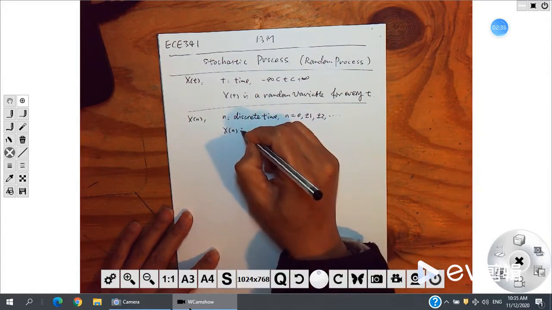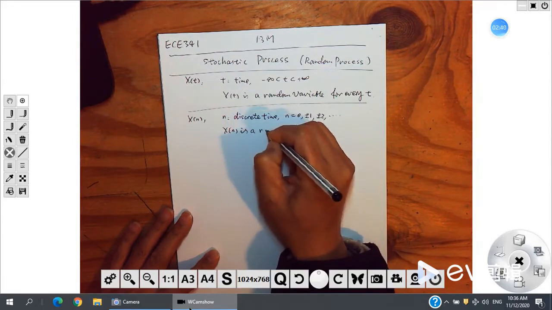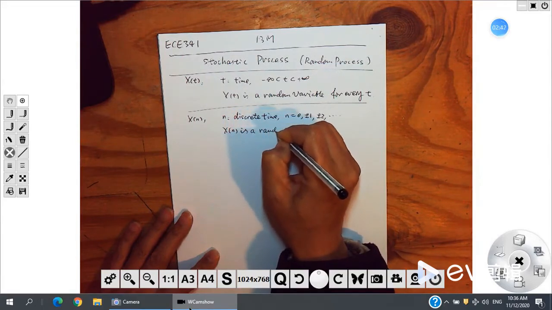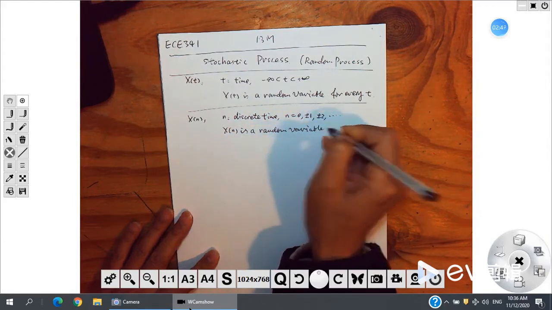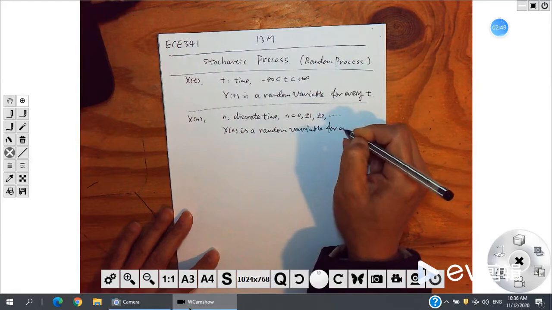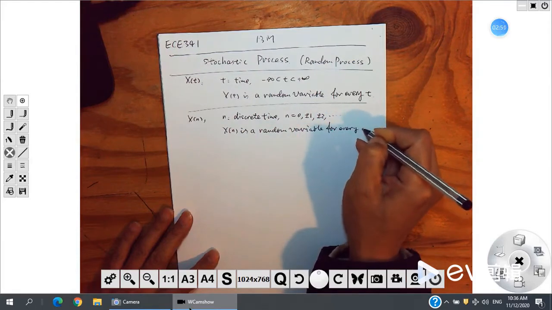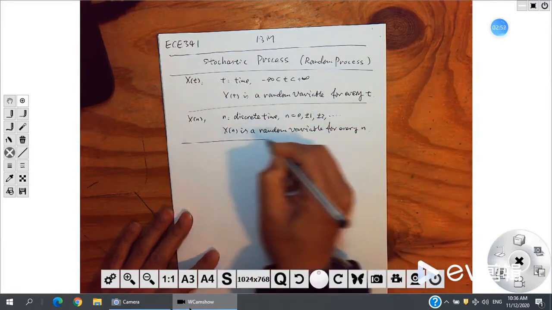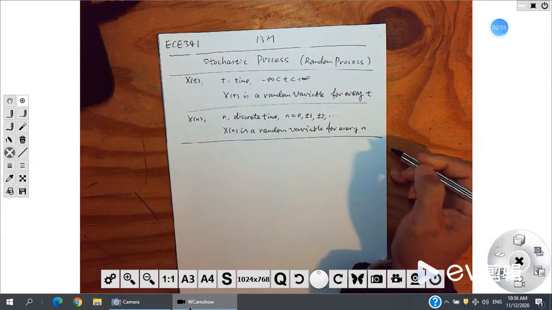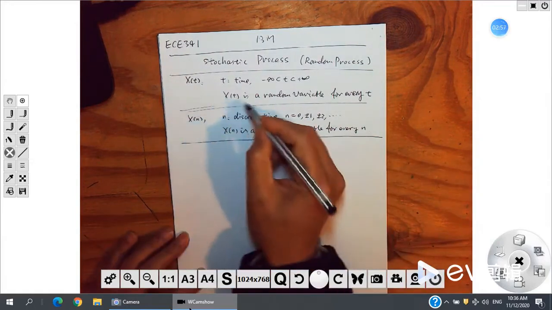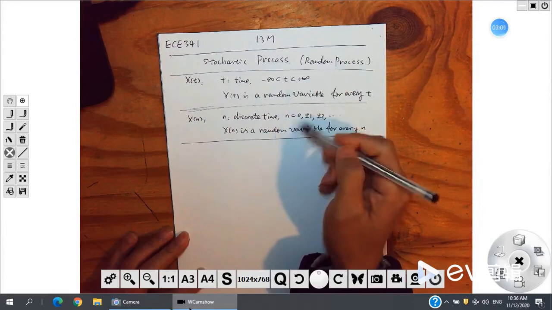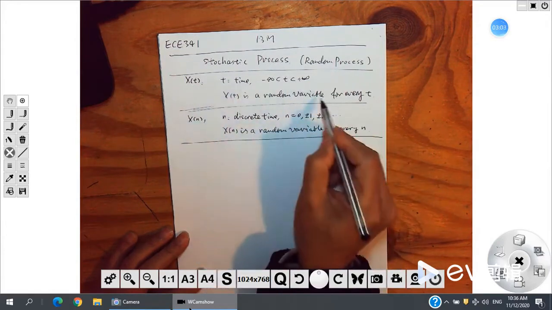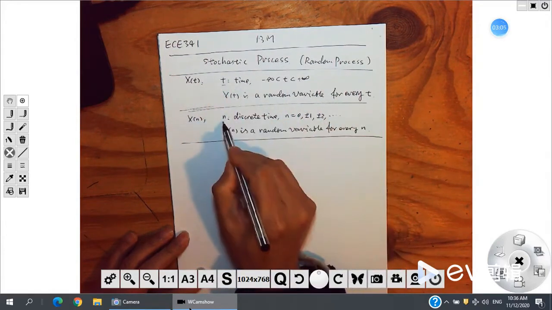We want every x of n to be a random variable for every n. So if we say a random process, we have these 2 kinds of things. Both are random processes. One is for continuous time, one is for discrete time.